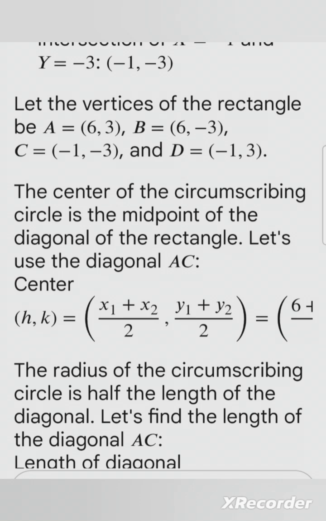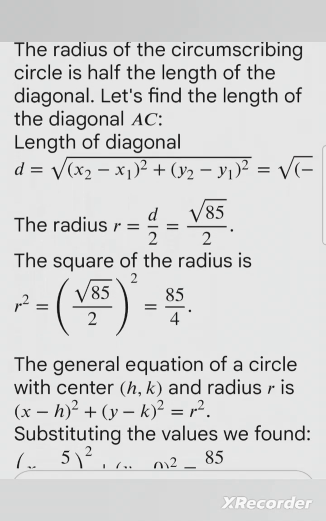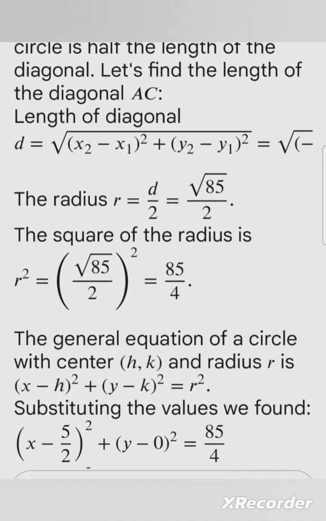So if you use this midpoint formula, (6 minus 1) by 2, that is coming to 5/2, and (3 minus 3) by 2, that is coming to 0. Let's say center is coming at (5/2, 0).